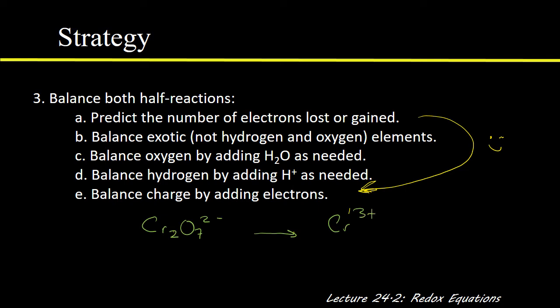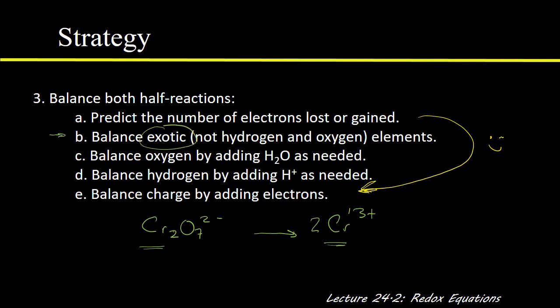If you've got the dichromate ion going to chromium 3, the first thing you need to do is balance the chromiums. And because there are 2 chromiums on the left and only 1 chromium on the right, you need to balance them by putting a 2 there. Like I said, 9 times out of 10, the only things you have to balance are the hydrogens and the oxygens, but do be careful to make sure that everything else is balanced as well. That's the first step that you want to do.